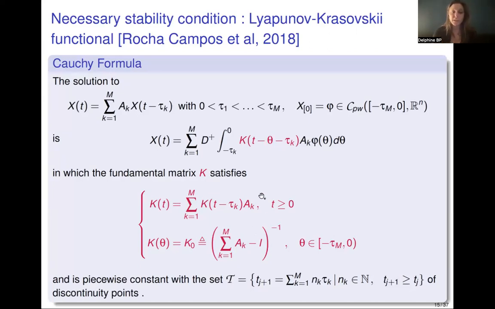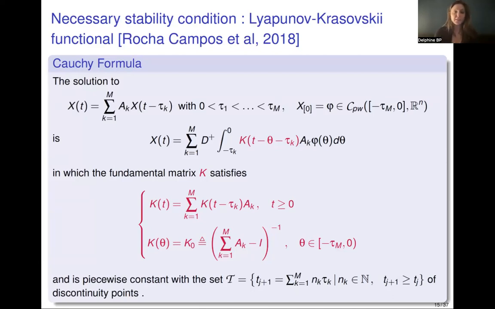This K will be uniquely defined, and in terms of this K, you can define x as the sum of the Dini derivative of this distributed delay term involving K. This is proven to be the unique solution to the linear delay differential equation in the state.